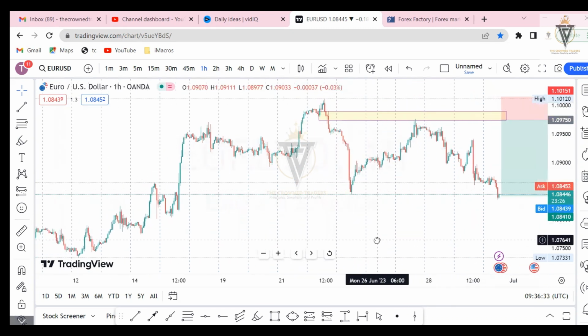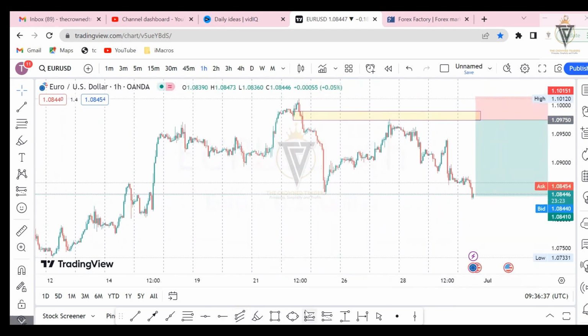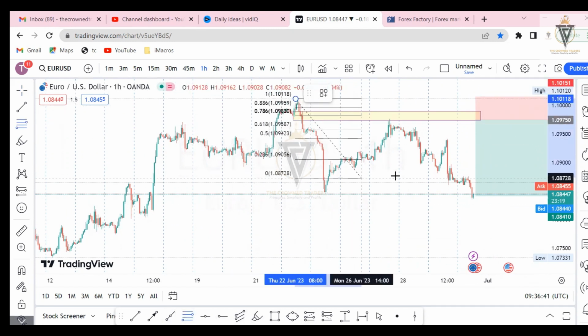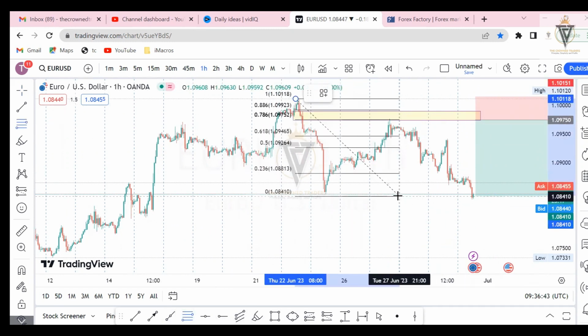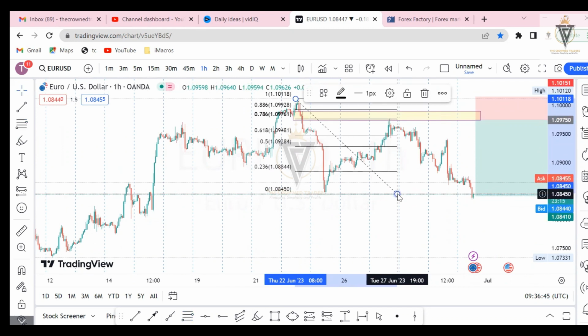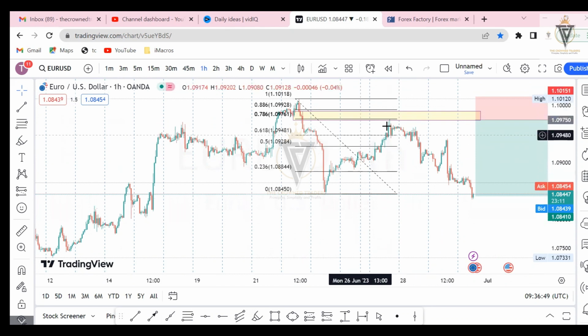We plotted our Fibonacci and said this is our point A, this is our point B, and point C is unknown. Point C is our point of interest here. Our point of interest printed a rejection on H1, and that's where I took our shots.